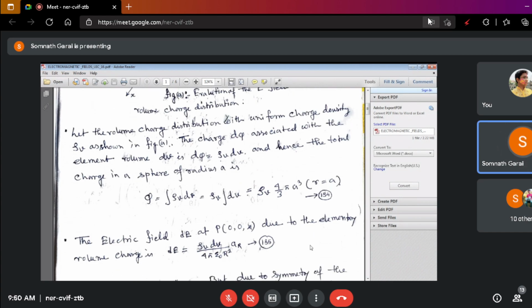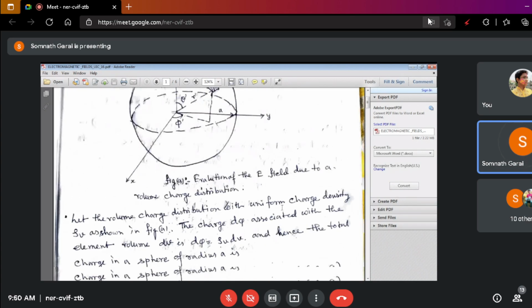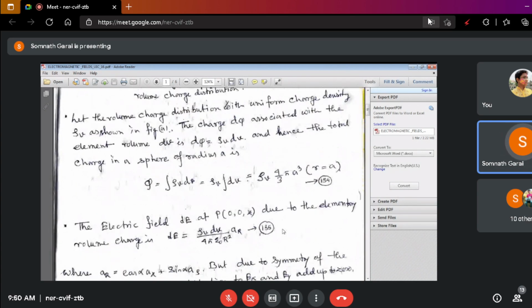Now we calculate the electric field dE at the point P, right? The vector coordinates of the point are already defined, that is 0, 0, z.